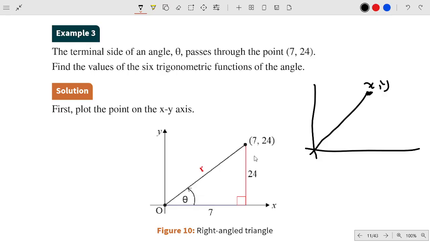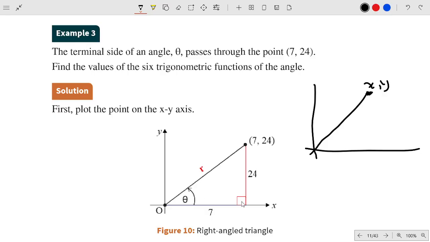We move 7 units on the x-axis, which is positive, meaning that we are going to find this in the first quadrant. Then the 24 units on the y-axis is also positive.